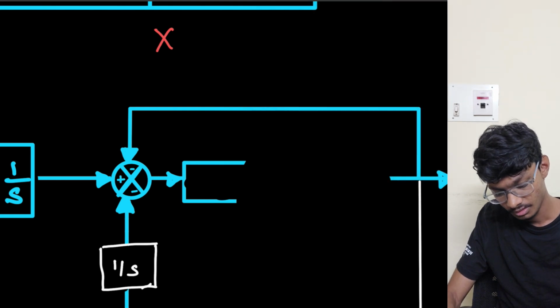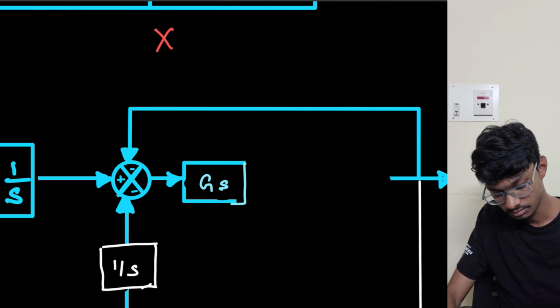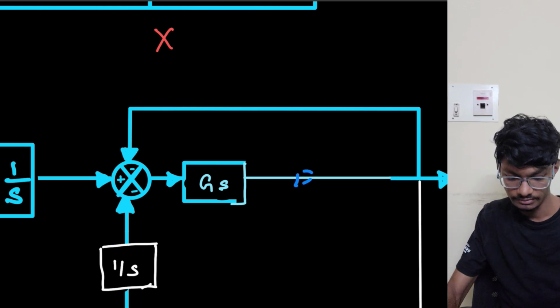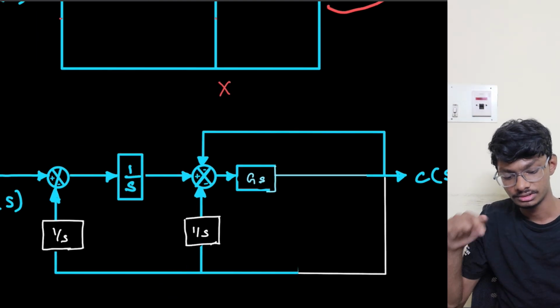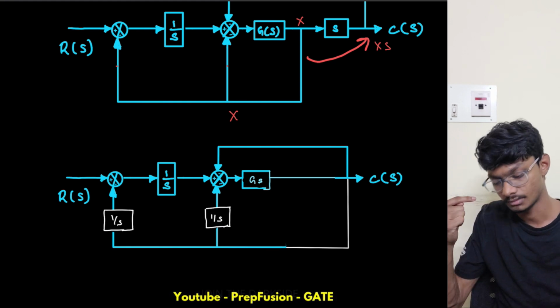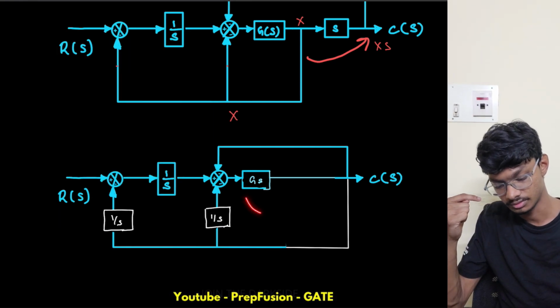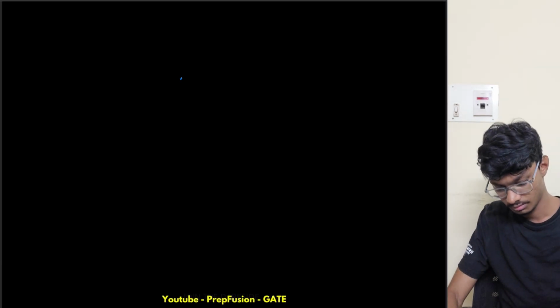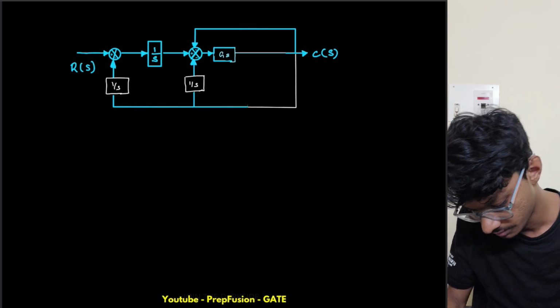So I will just simply write G right now for ease, G times s. Now again I will replace this with a single block. This one is a negative feedback, so I'll replace this with a single block.